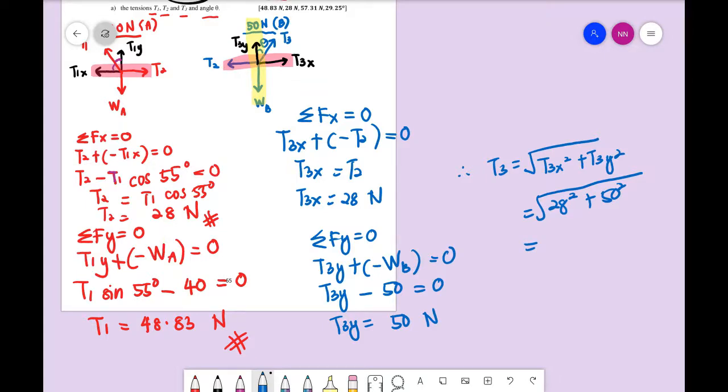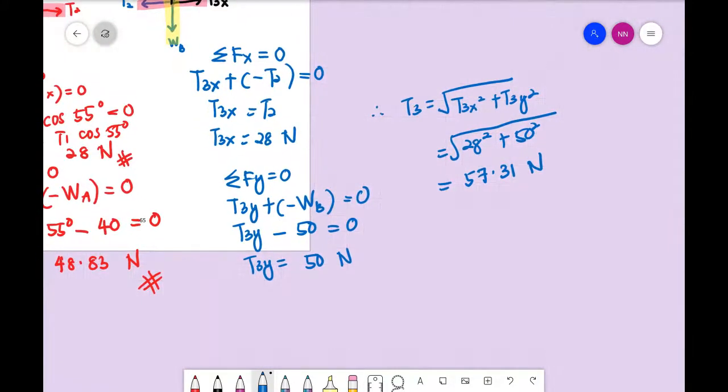T3X 28 squared plus 50 squared, square root answer. So it is equals to 57.31 Newton.